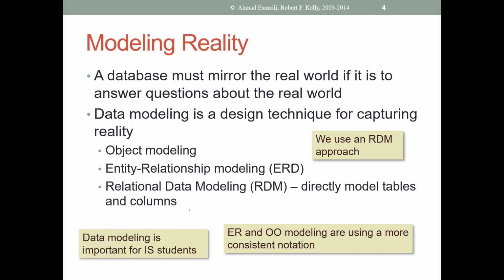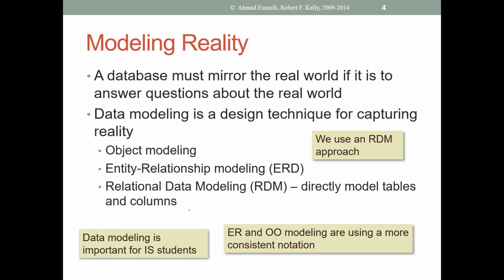So how do you model a reality? We need a database so that we could efficiently handle the data related with some enterprise or some real life entity. So say we have a university, and the university is pretty new, and the students start registering in, but we want to keep that information in a database.